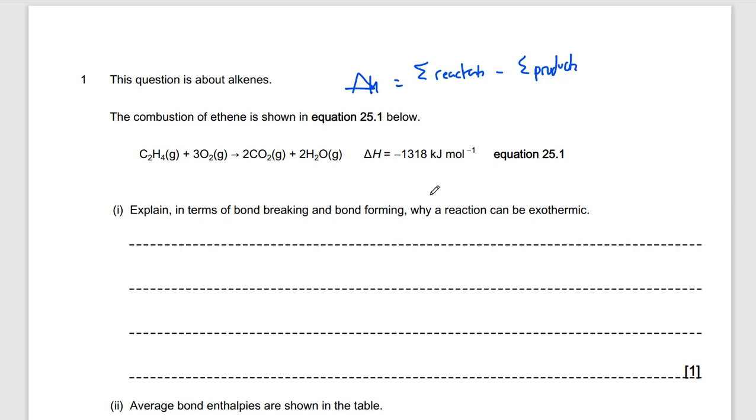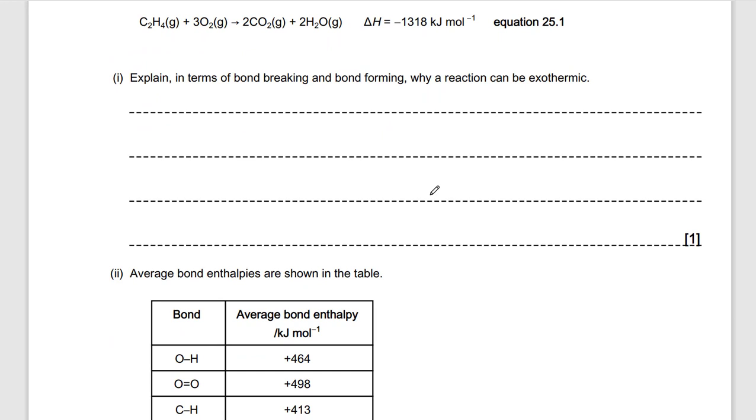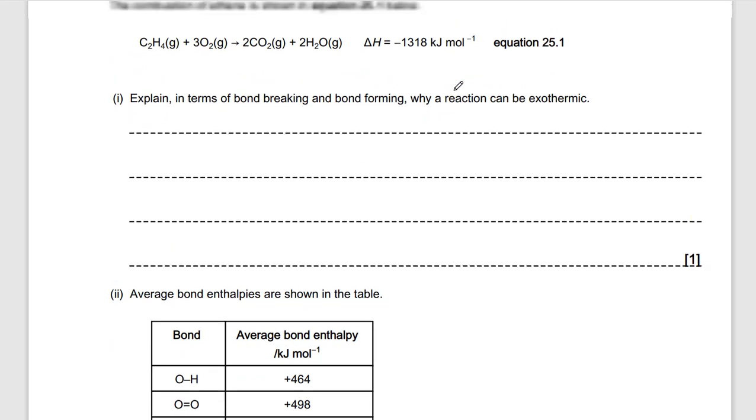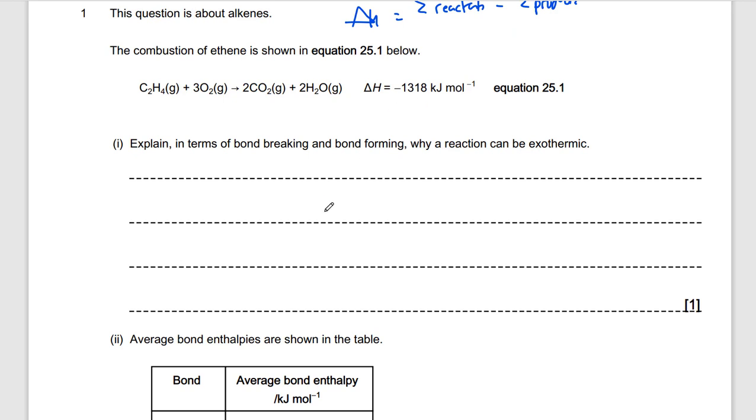Just to prove it to you, these are a couple of questions from A-level papers. Explain in terms of bond breaking and bond forming why a reaction can be exothermic. To answer this question, there's a bit of exam technique here because you always answer it in the same way. If a reaction is exothermic, then all you've got to write is more energy is released by bond formation.